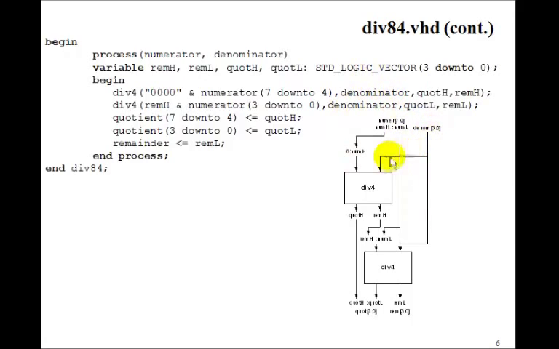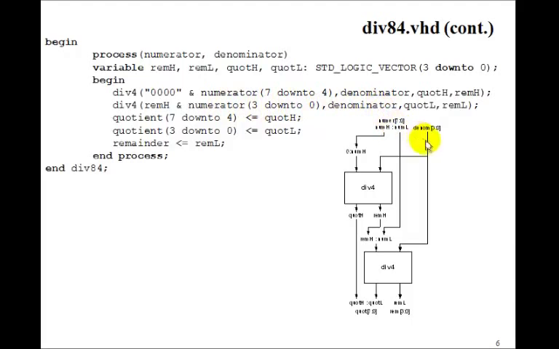Denominator will be the denominator coming in here. And the outputs will be quotient high and remainder high. That's quotient high and remainder high here. So that's what this first div4 will produce. The second div4 is going to get this one. Well, it's going to use remainder high from here. Right? So this remainder high gets concatenated with the numerator low, which is numerator 3 down to 0.